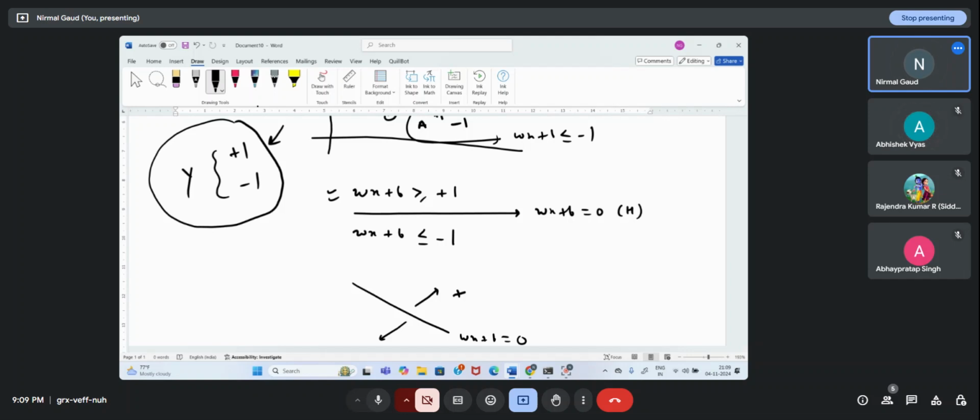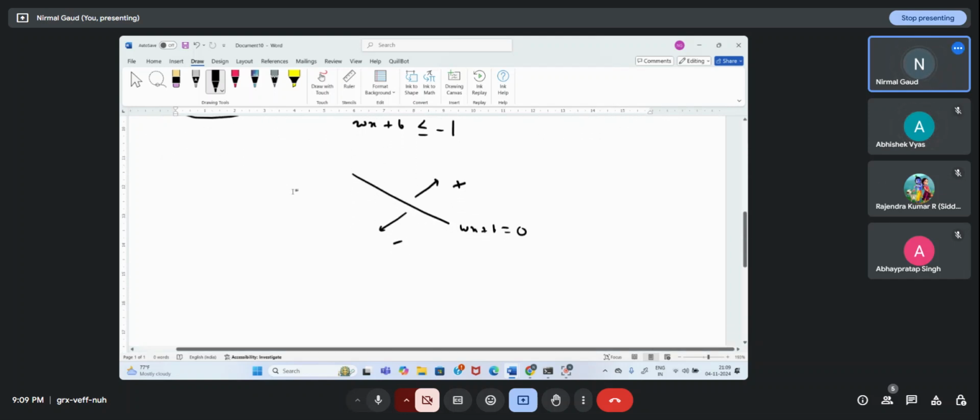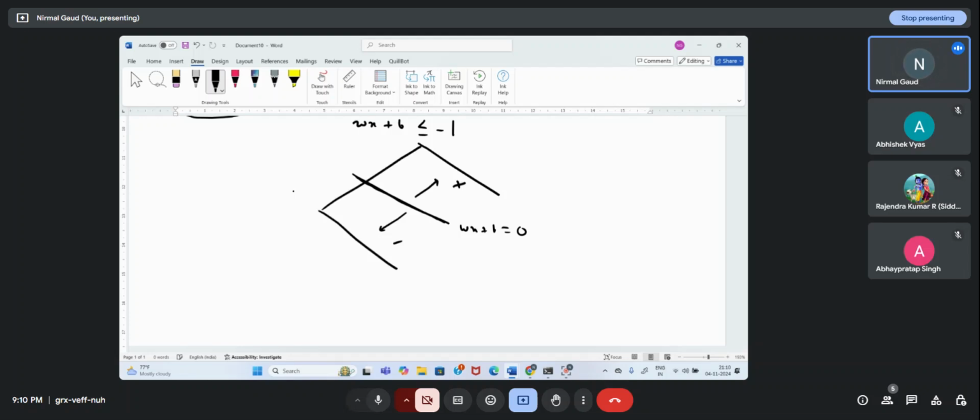Remember one thing, I already explained in SVM previously that I need to find the optimal hyperplane, and the class boundary should have a big margin, a max margin. The margin should be max, that's what we want. The width should be more.